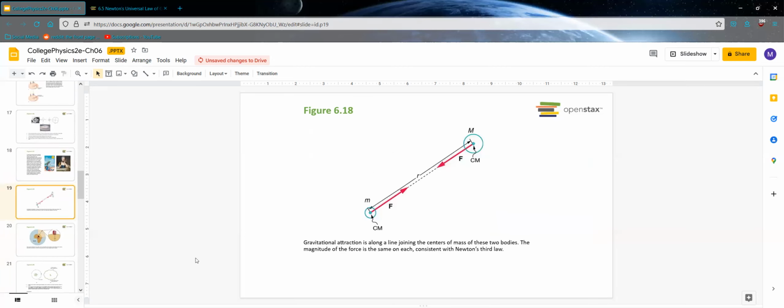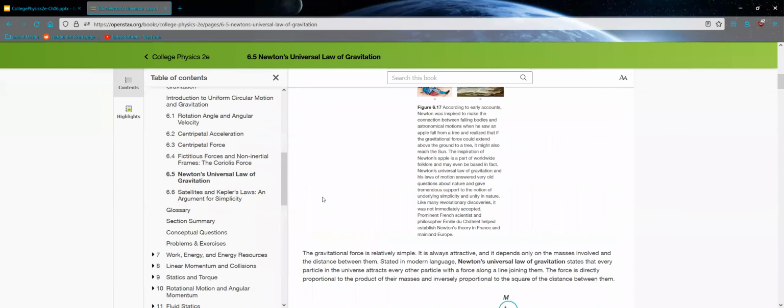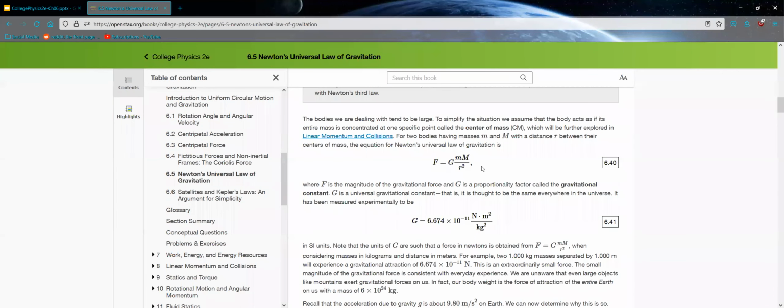This picture right here. And the relation between gravity is actually described by Newton. Sound familiar, right? He did a lot. As this equation right here. The force of gravity equals a gravitational constant times the mass of each object multiplied by themselves over the radius between the two squared.